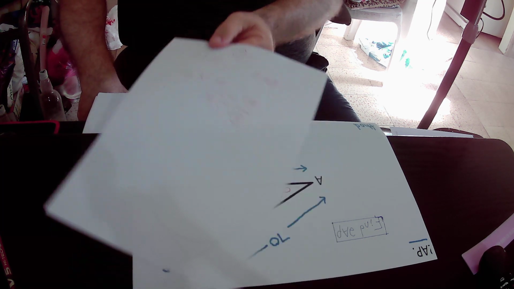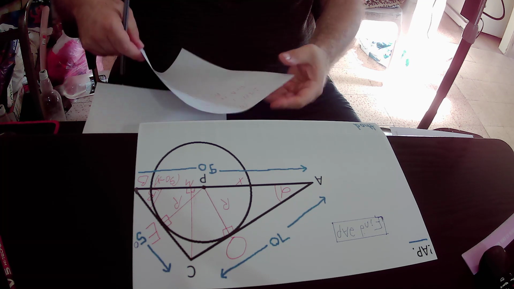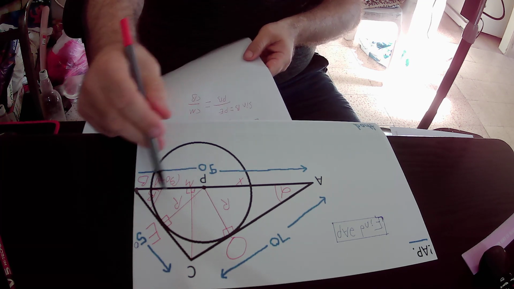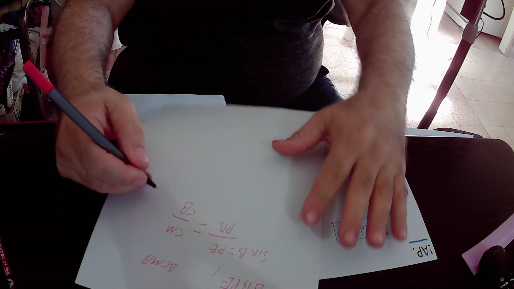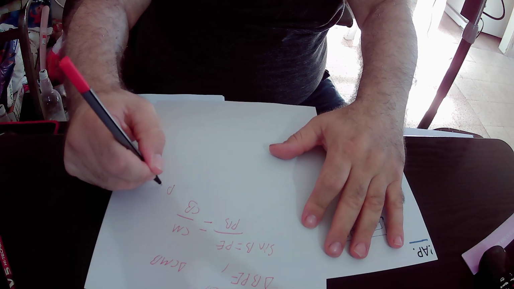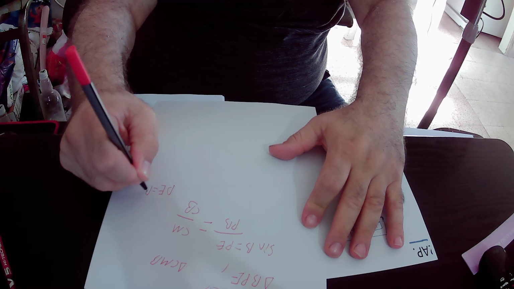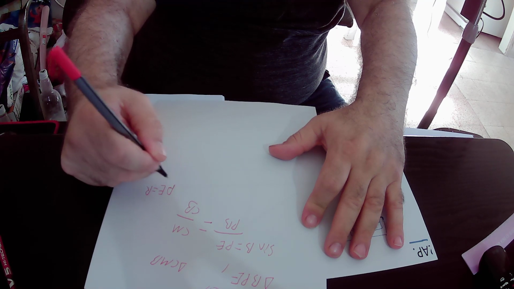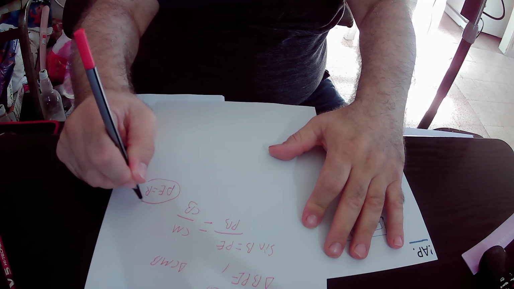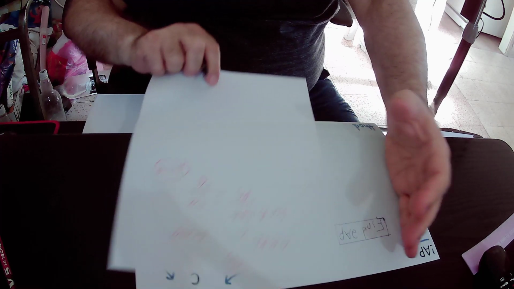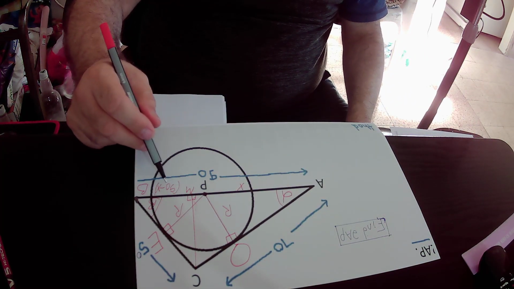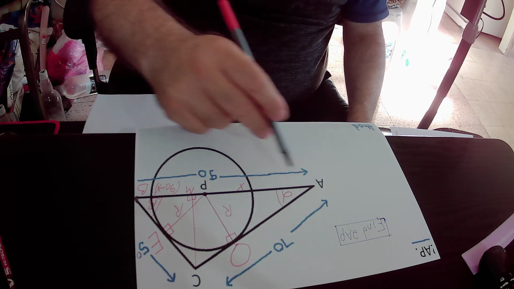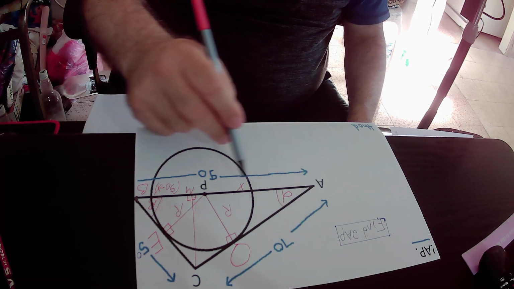But we know that PE is the radius of the circle, so we can write that PE equals R, and also we know that PB equals 90 minus x because it is AB minus AP.